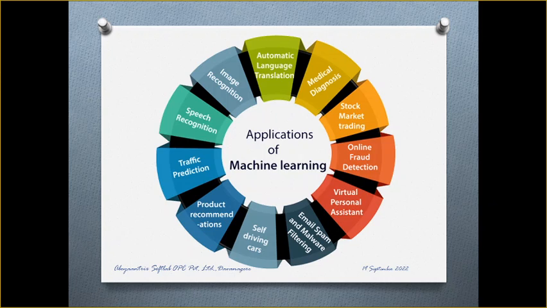Okay, most of these domains use supervised learning techniques. So supervised learning algorithms are what we use very majorly in the majority of the application domains here. Okay, so the major applications of machine learning are here: automatic language translation, like how your Google does it; medical diagnosis, predicting cancer, heart disease, diabetes.